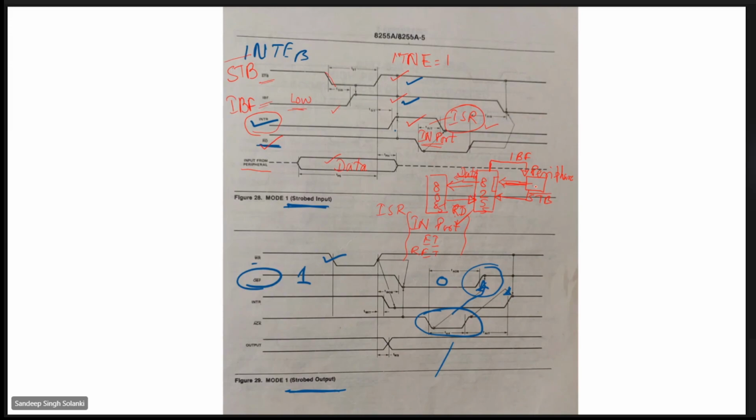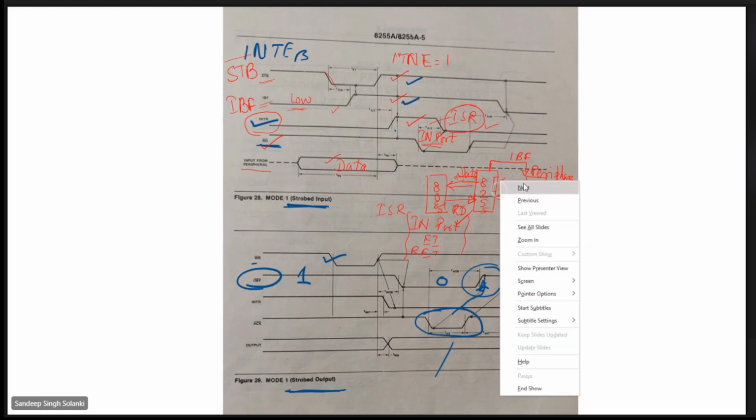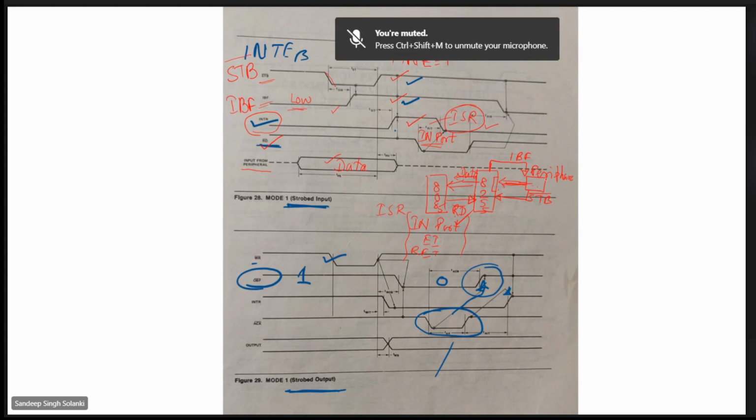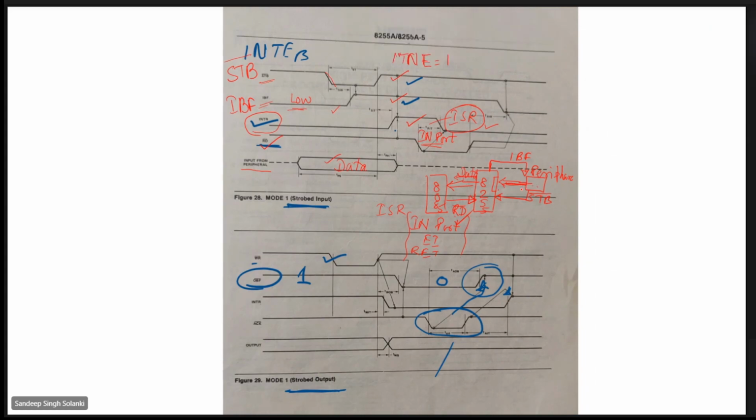Sir, so first data is loaded from peripheral to 8255, and during the RD bar active time, the information is transferred from 8255 to 8085 without the peripheral's involvement. See, I'll repeat once again. Data goes from peripheral to 8255, but only after having the confirmation of IBF.